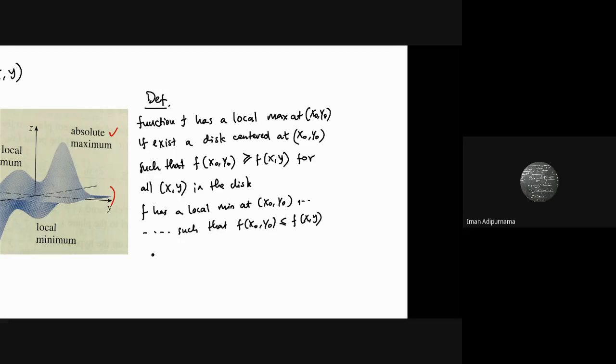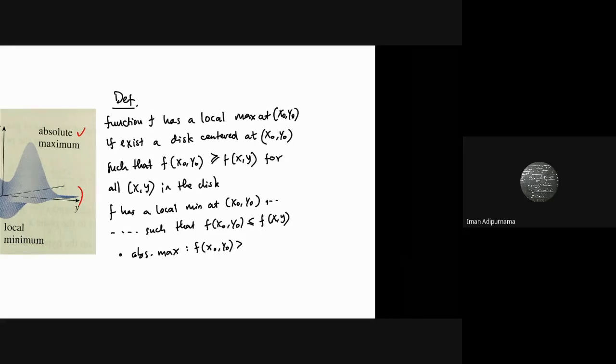And then the absolute max will be defined as the same for all points in the domain, and the absolute min as well, for all points in the domain.